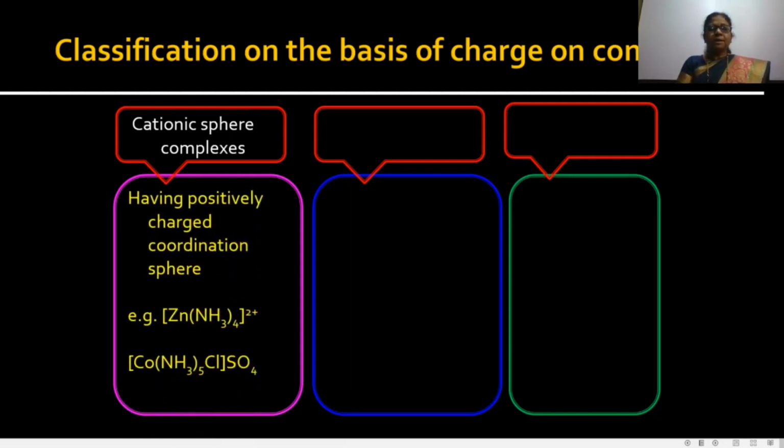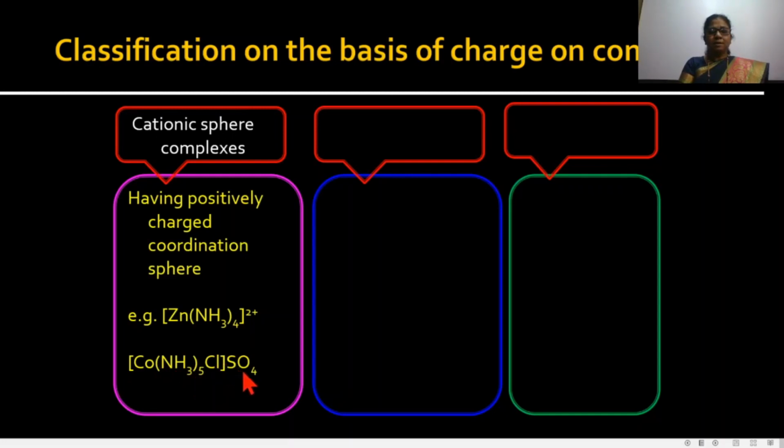In this, the coordination sphere is positively charged. For example, [Zn(NH3)4]2+, this is the coordination sphere enclosed in the square bracket and it has a positive charge. That means this coordination sphere is positively charged, and hence it is a cationic sphere complex.